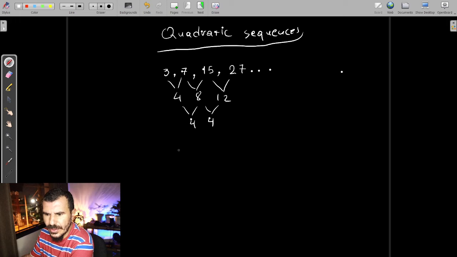Now, how do I deal with this? How will I find which quadratic sequence it is? The first thing to know is that the second difference will give me the initial part of the quadratic sequence. What does it mean? A quadratic sequence always has this form: an squared plus bn plus c, which means I need to find these numbers.